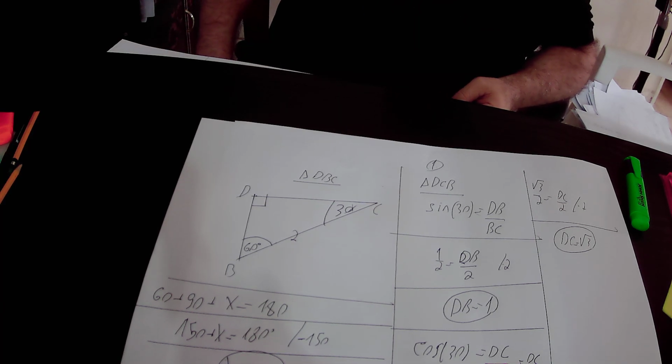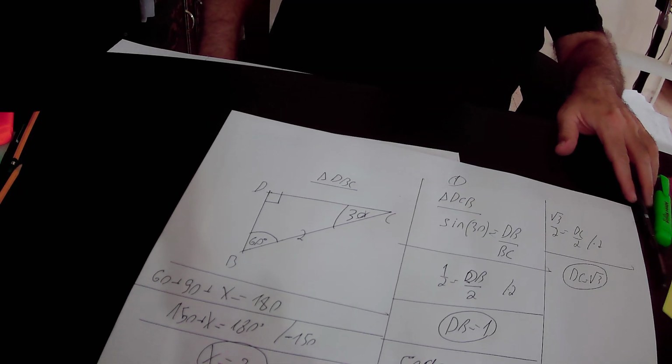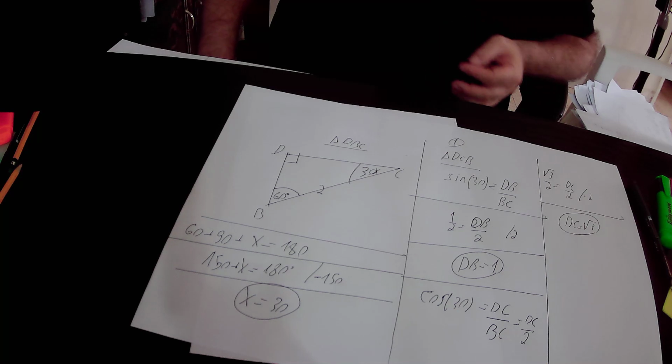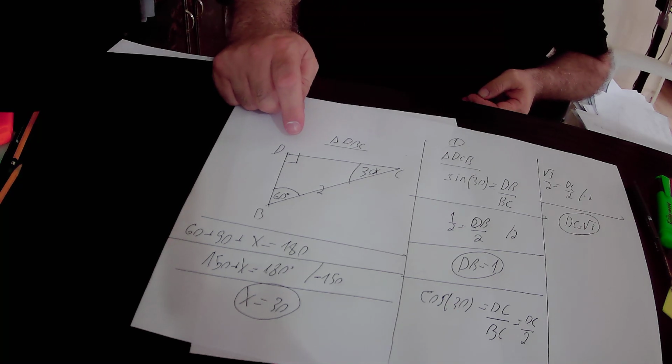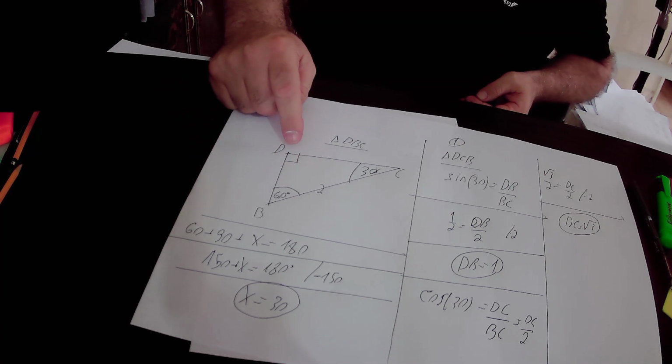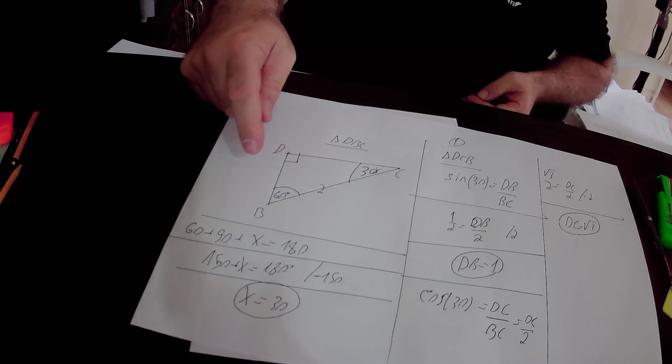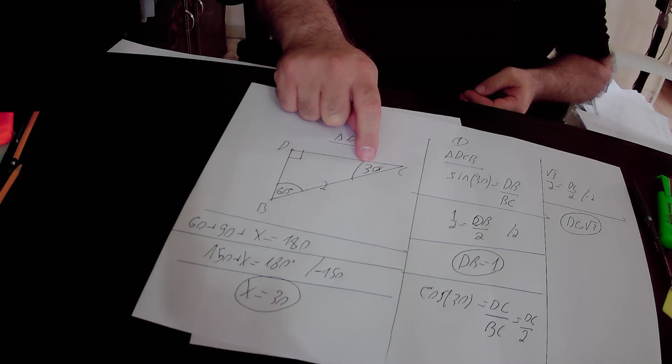Here, in the right triangle DBC, the sum of the angles must be equal to 180 degrees. So which angles do we have in triangle DBC? This angle equals 60 degrees, plus this angle that is equal to 90 degrees, plus the missing angle that we defined as x.